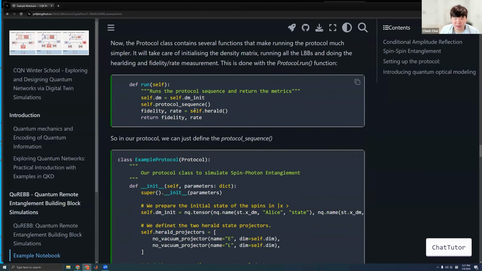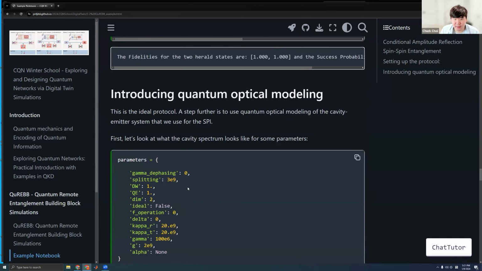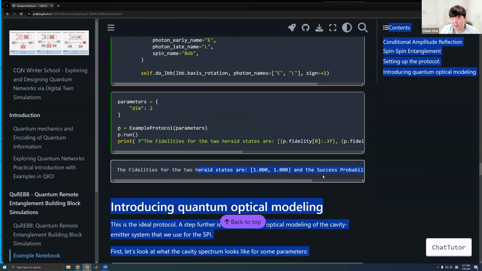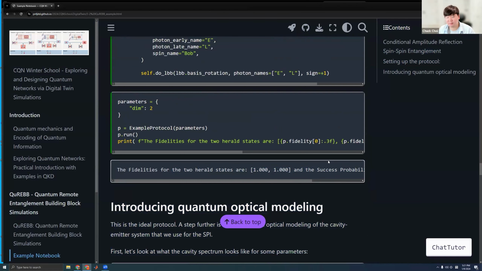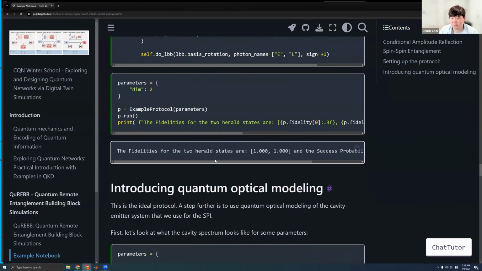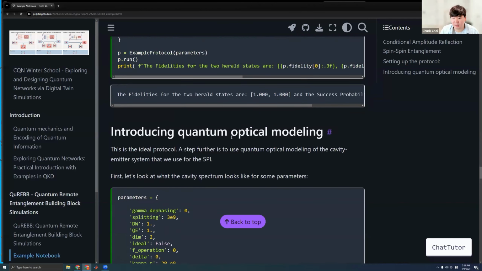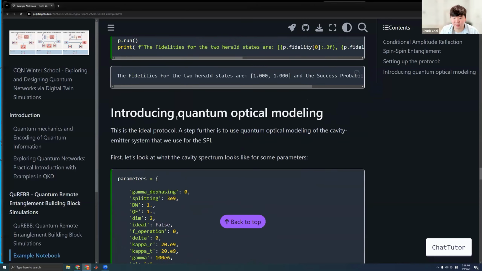Then if you run it, you will get the fidelity for your protocols. Here we are assuming that all the parameters are perfect and you don't have any imperfections causing degradation. And as you can confirm, the rate and the fidelities are given by 1, depending on the heralding events.